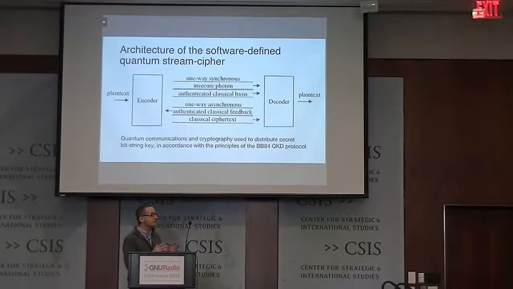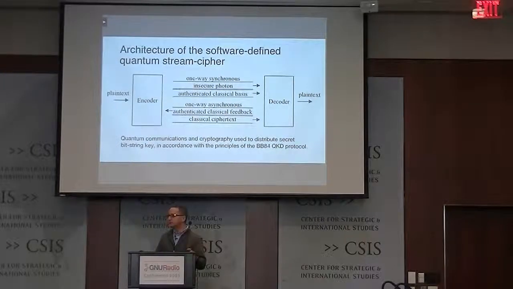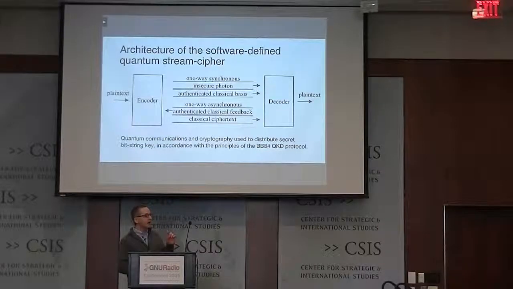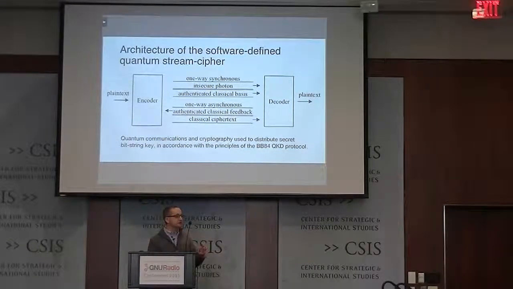And I use 4 channels between the encoder and the decoder. The top 2 channels are synchronous, in the sense of GNU Radio. One of them is used to model the insecure photon channel.